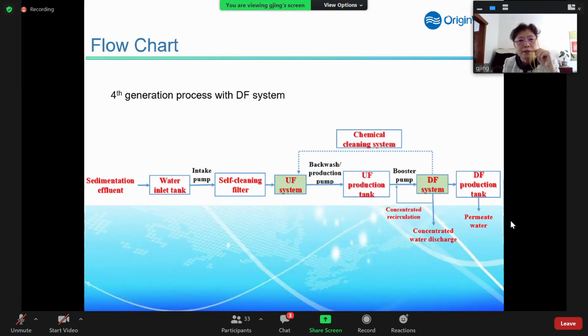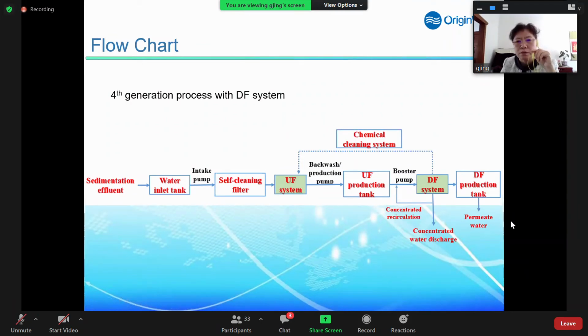Once we add nanofiltration in the system, we need to consider protection or pre-treatment for the membrane treatment. So we need to add parts for the nanofiltration process.